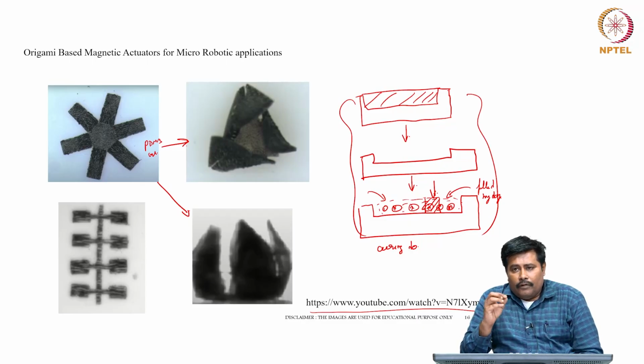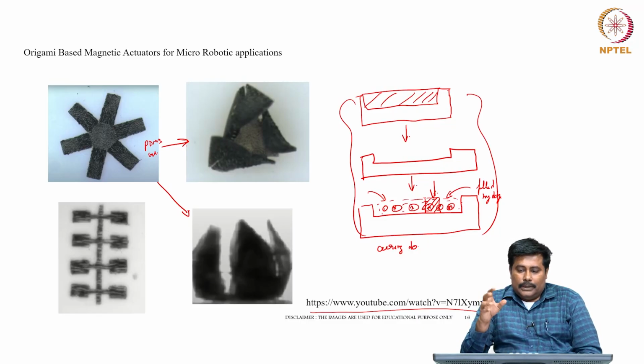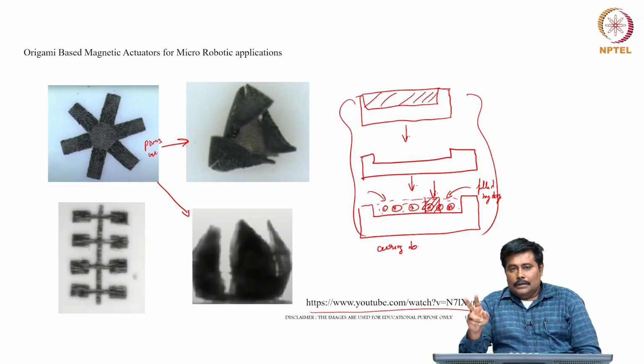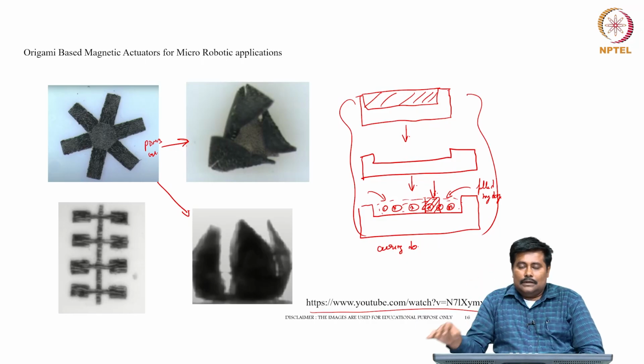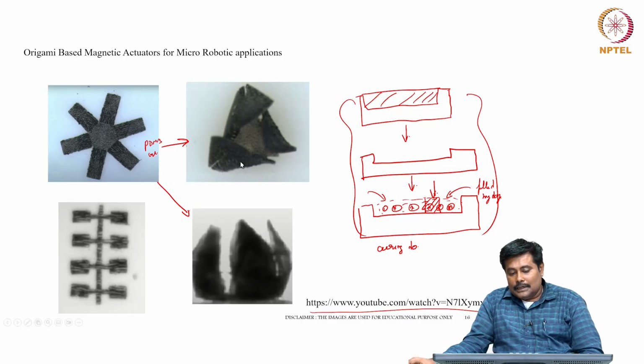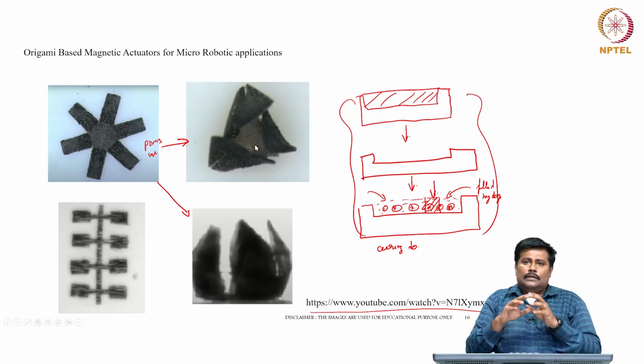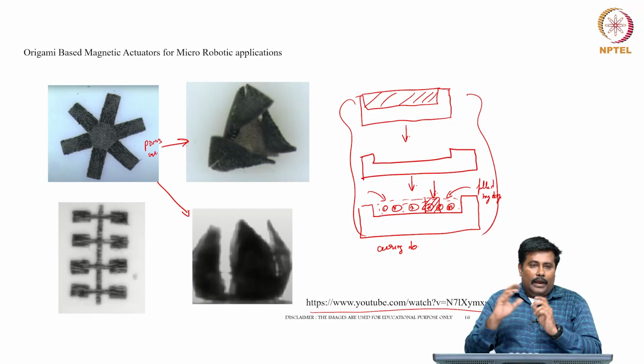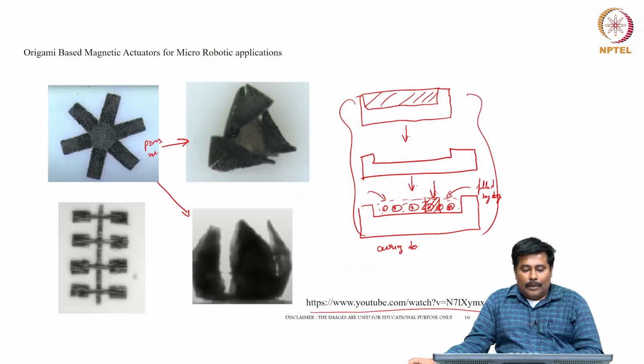These are flexible origami based actuators, and these magnetic particles are integrated with the hydrogel and appropriately programmed in such a way that whenever there is an actuation, there is an appropriate deflection in this system. So this structure can take up any shape based on its capability.